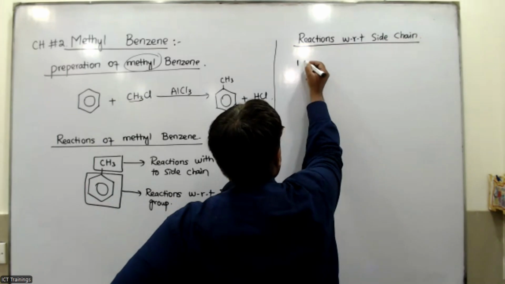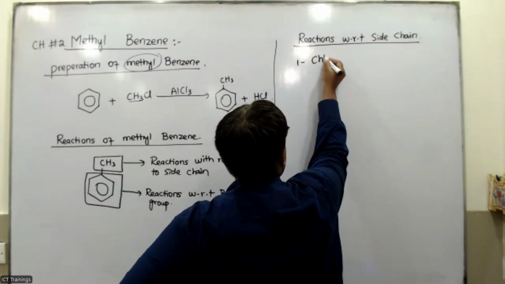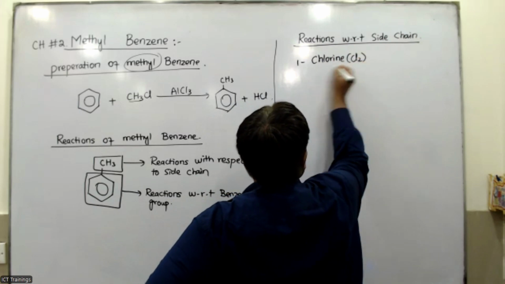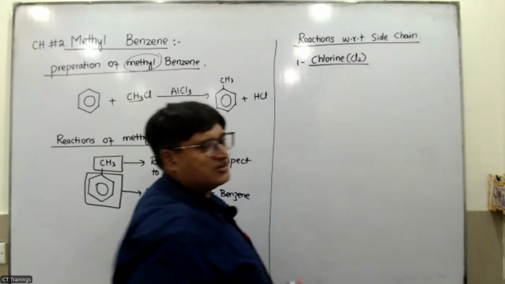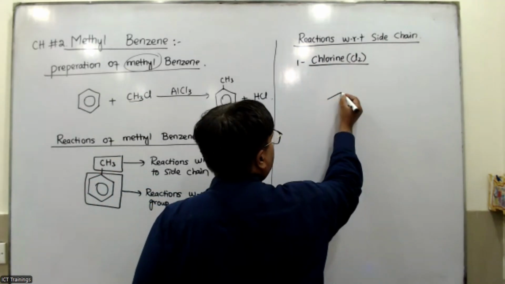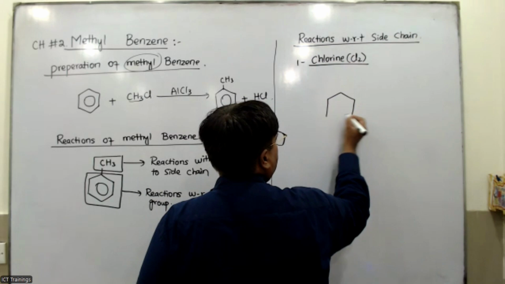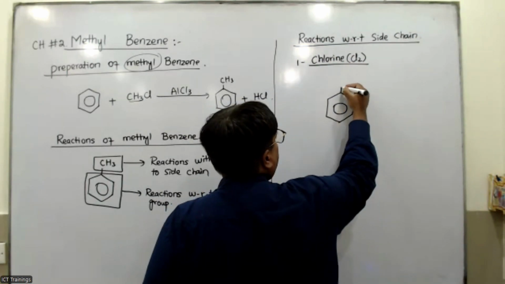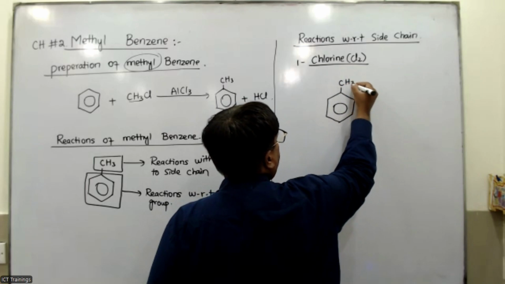The first reaction that we are going to start with is with chlorine, Cl2. I want every one of you to concentrate up here. If you look up here, this is benzene, and this is the methyl group.